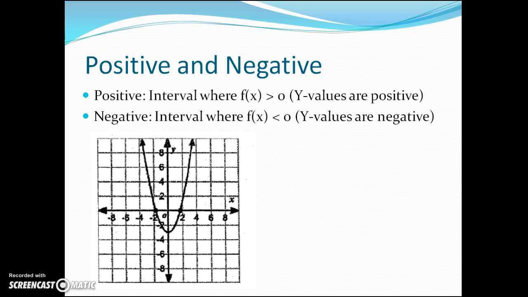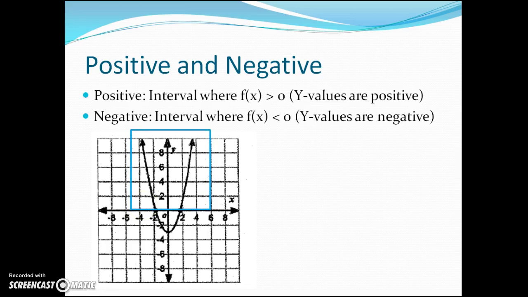Okay, positive and negative. A lot of you will probably get caught up on this one the most. Positive is just where the function is above the x-axis where y is equal to 0. So where our function is greater than 0 will be everywhere that the y values are positive.